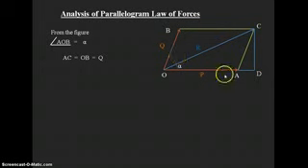Because OB and AC are two parallel lines with equal length. Similarly, OA equals BC equals P, because OA and BC are two parallel lines, and OA is the P force, so BC is also equal to the P force.